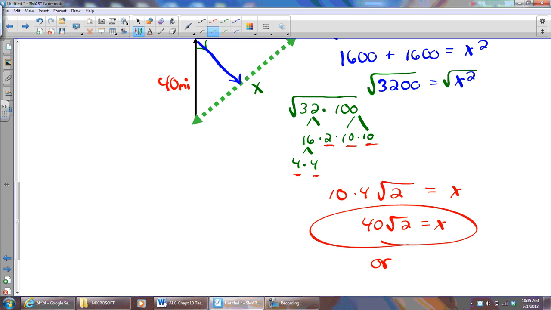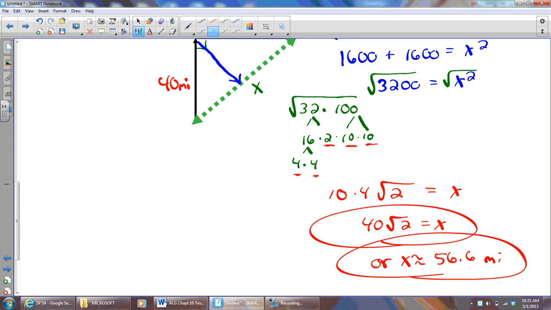So x is approximately 56 and 6/10 miles. I think in a problem like this, the 56 and 6/10 makes more sense because they're asking actually how far, and 40 root 2 is a truthful answer, but it doesn't make as much sense to people. But you'll have to stop and consider what the directions say on which one you should do.